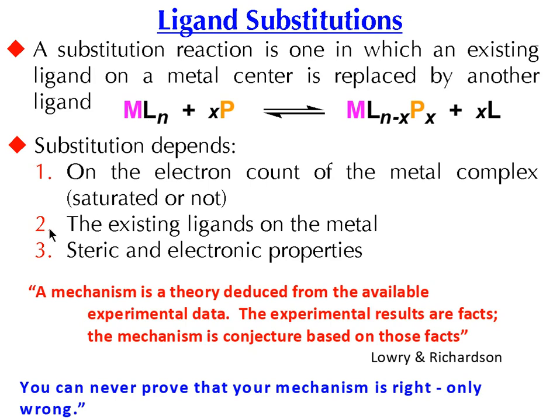The second factor that affects the substitution reaction is the existing ligands on the metal. The nature of P is very important. If P is neutral, it can replace only a neutral ligand L. And if P is anionic, for example, it should replace an anionic ligand L. Factor 3 is the steric and electronic properties.